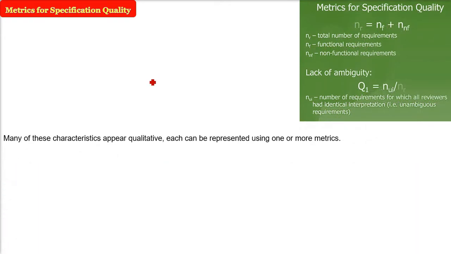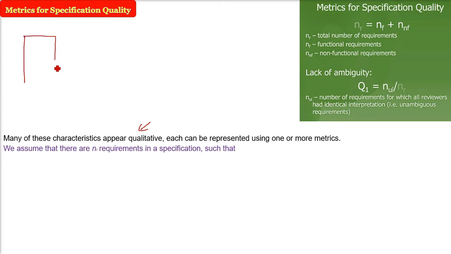So many of these characteristics seem to be very qualitative. From, say, accuracy we can compute, but what about the usability or the ambiguity? How do we check? So we will use the metrics. We assume, for example, you have an SRS, software requirement specification. N sub R is the requirements in the specification.